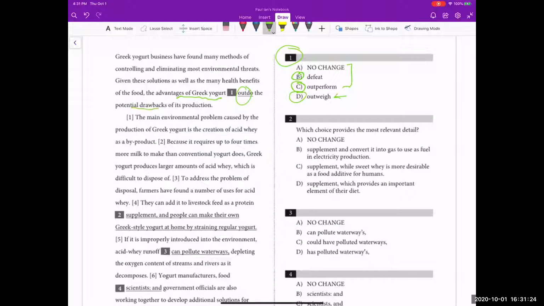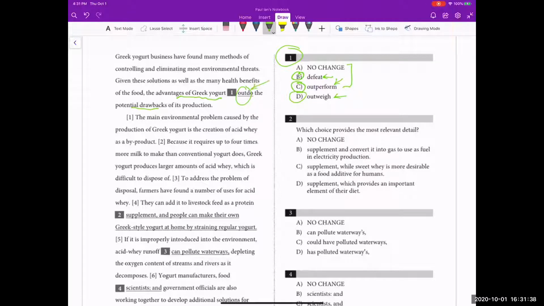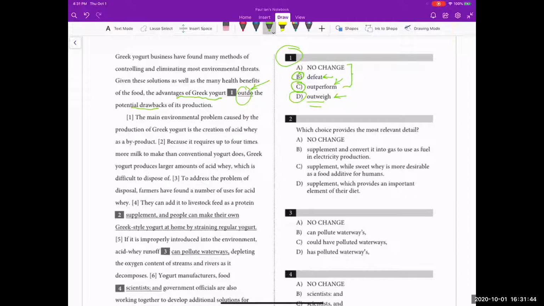You don't usually use defeat for an object. It's more of a person. Same with outperform, it's a person thing, right? And outdo is kind of like outperform. So that's why it's that way. A lot of these seem more like a person comparison.